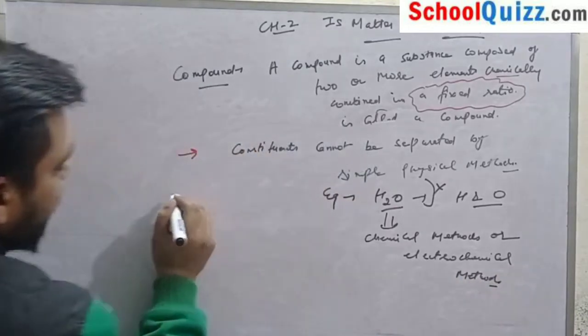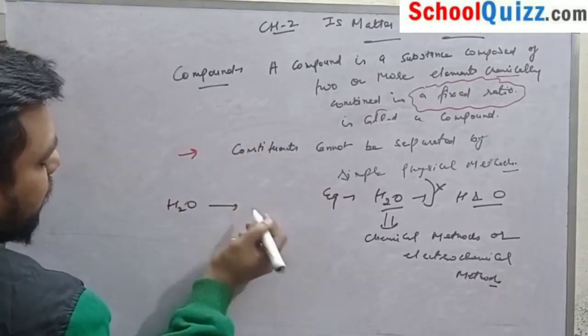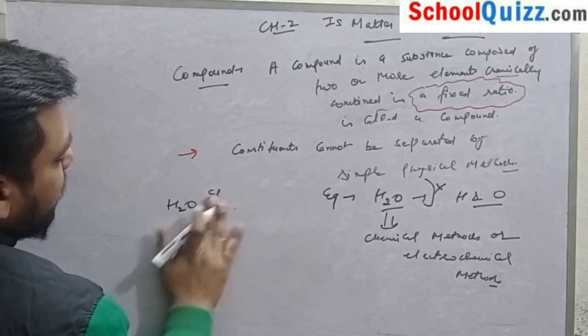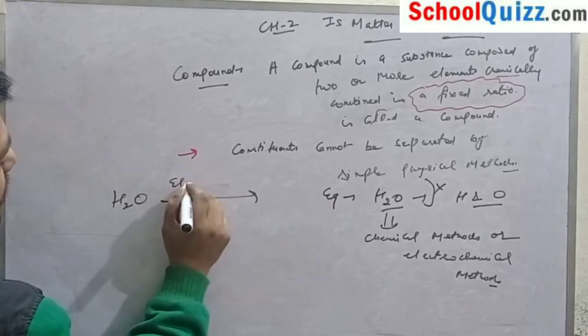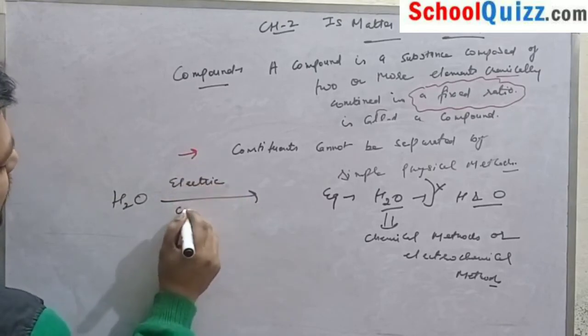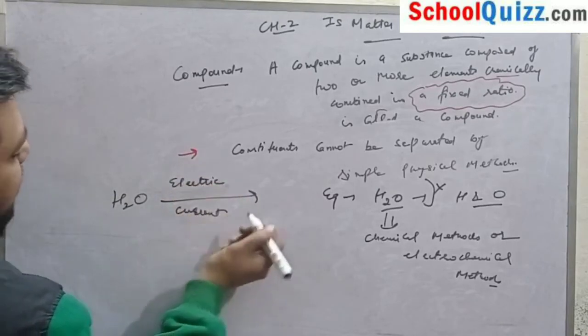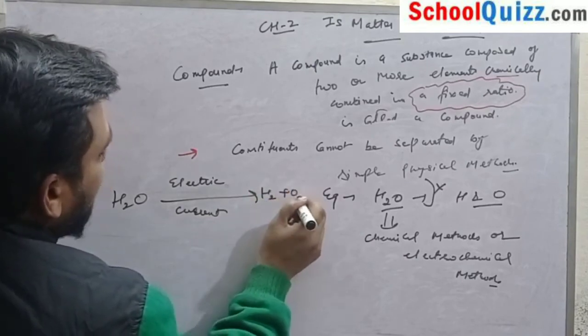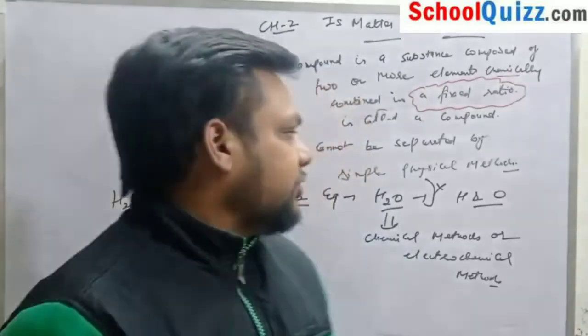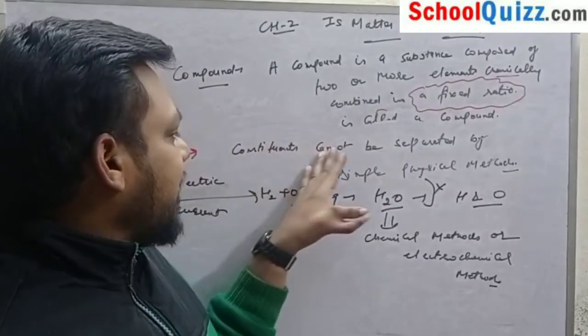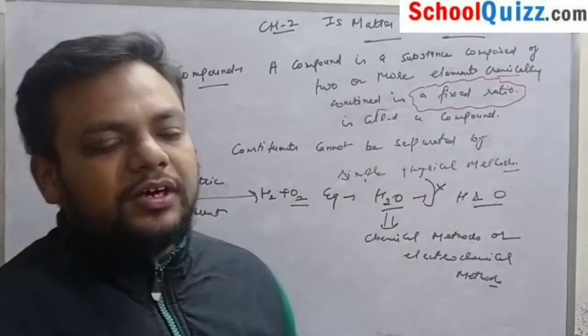For example, if we want to separate water, we have to provide electric current. Then it will dissociate into hydrogen and oxygen. So we can say that constituents cannot be separated by simple physical methods.